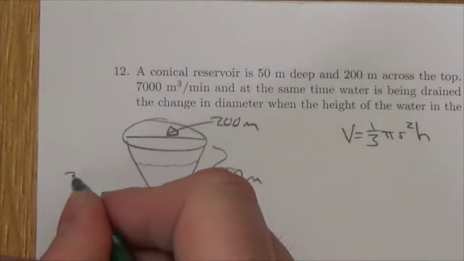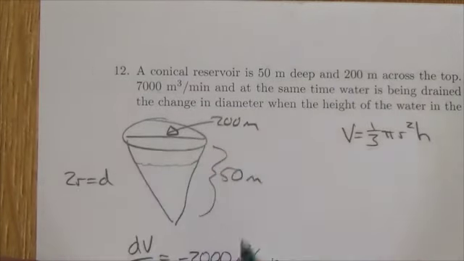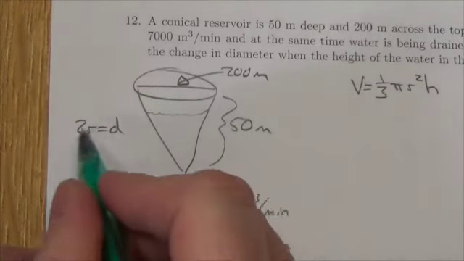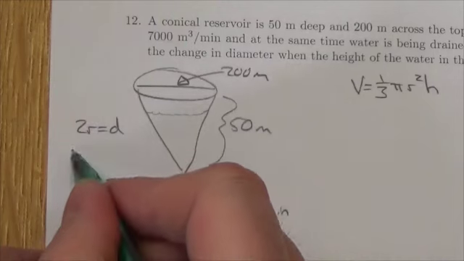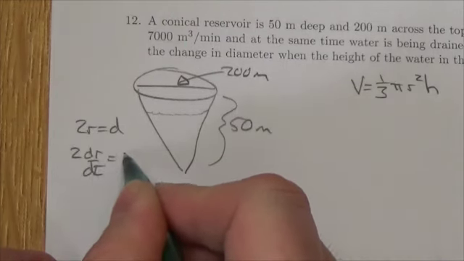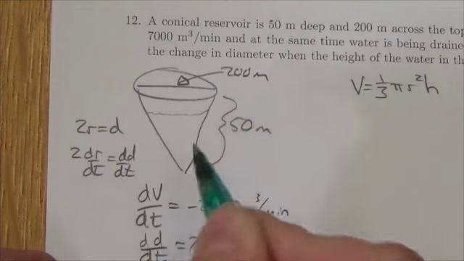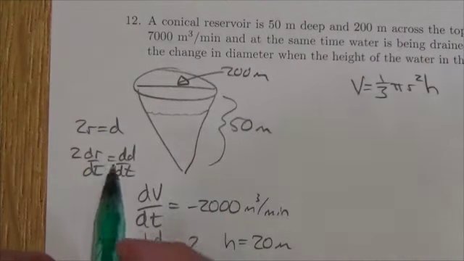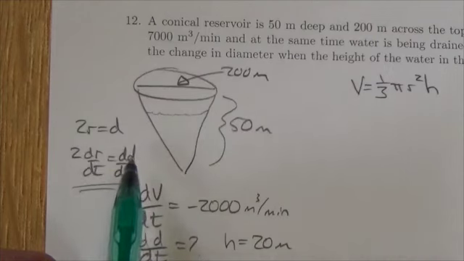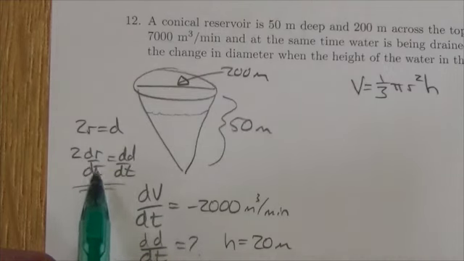Notice that 2 times the radius is equal to the diameter. If you take the derivative of this with respect to time, I get 2 dr/dt equals dd/dt. That's a relationship between the rate of change of the radius and the rate of change of the diameter that I'm going to come back to in a little bit.